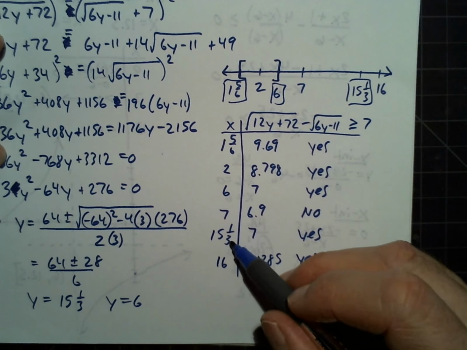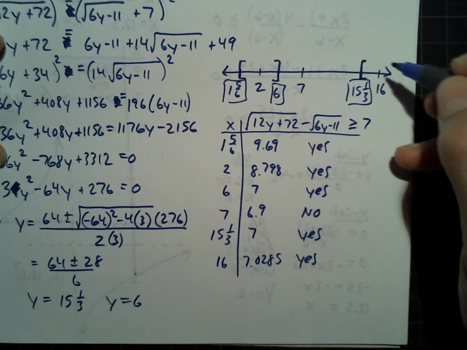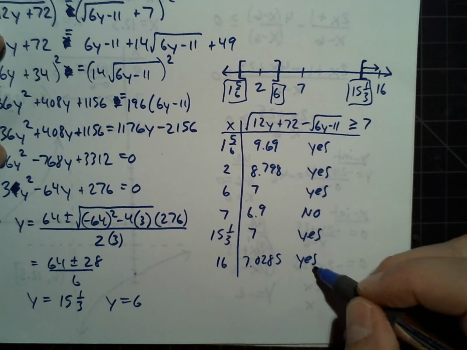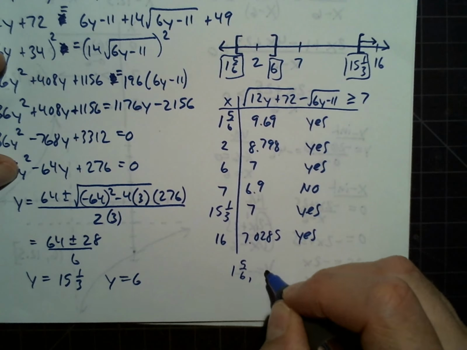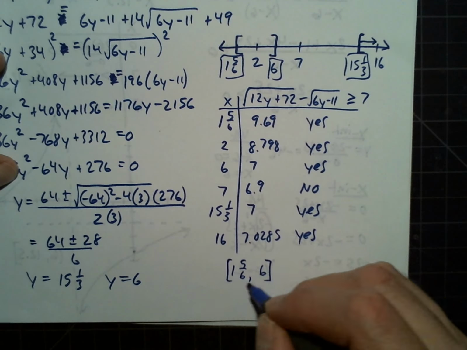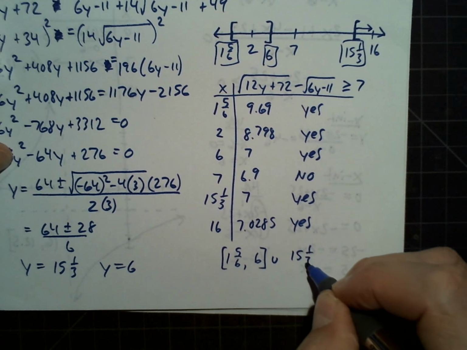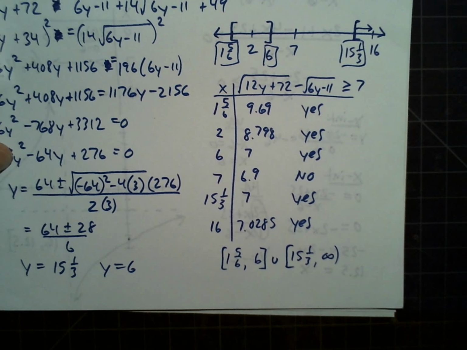At 15 and 1/3, we get a yes, it's equal, another bracket, and then we'll go to infinity because it's a yes there, so we get 1 5/6 up to 6, and then 15 1/3 up to infinity. Okay, and that's it.